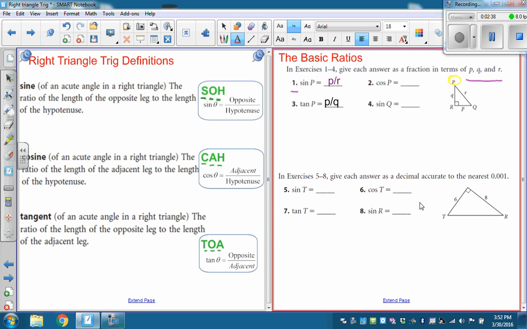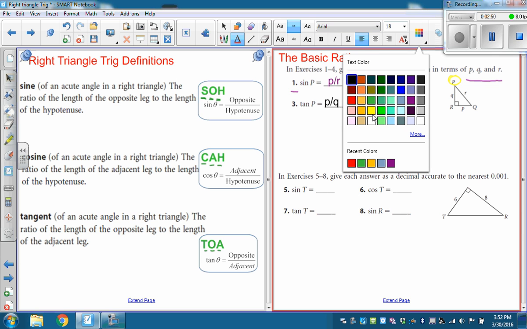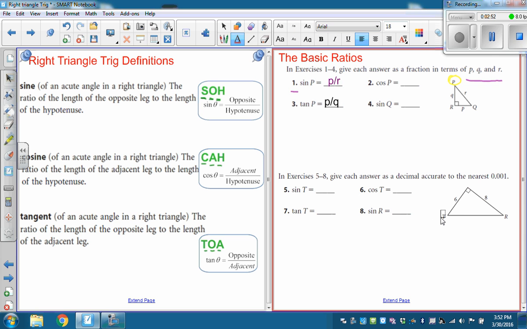Down here, there's a little bit more work, because in order to do, for example, problem 5, you need to find T. And so here's angle T. To do the sine of angle T, you have to find the opposite, which is 8, but you need the hypotenuse.